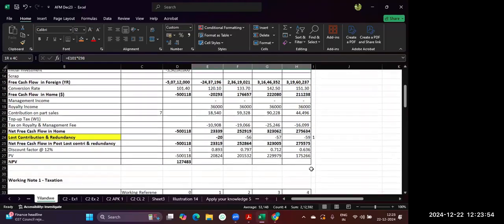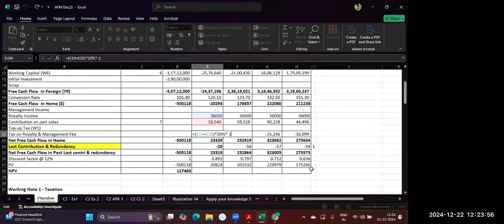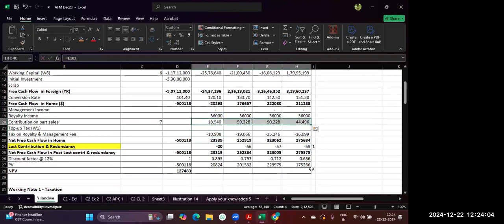Can you see my top-up tax changing over here, because I haven't paid tax on this contribution, right, guys? Yes, sir.